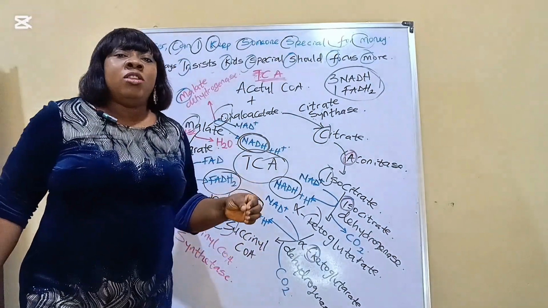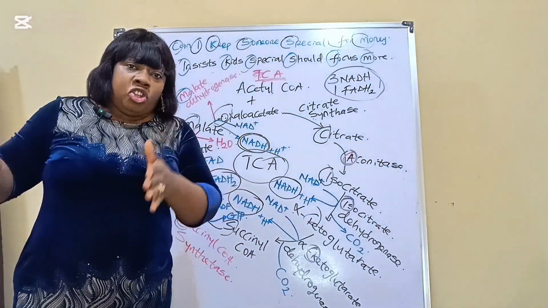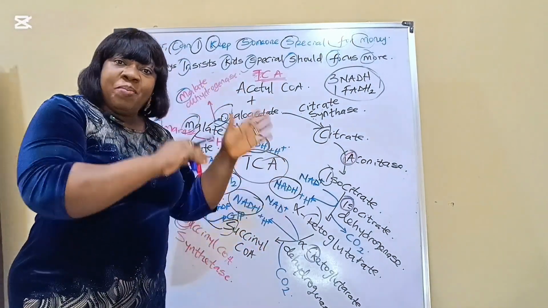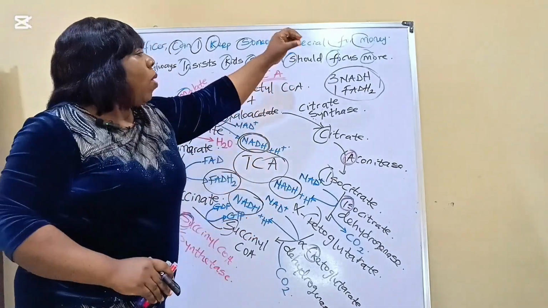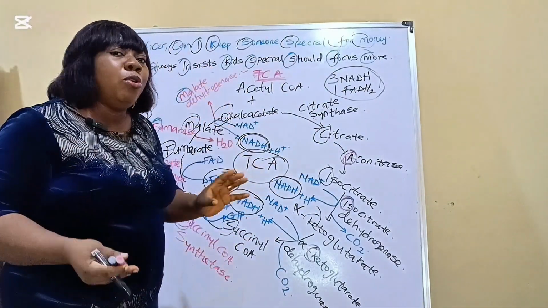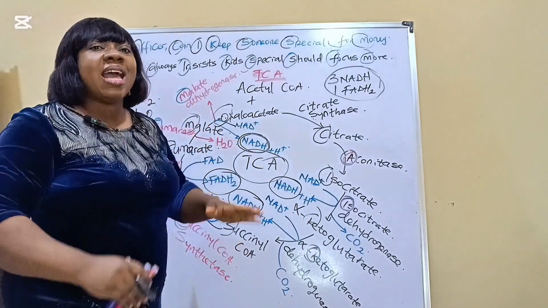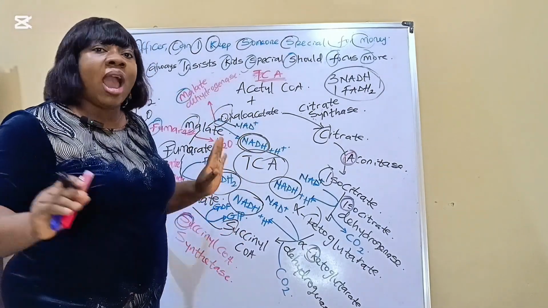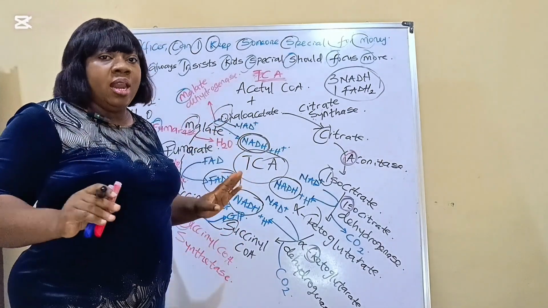They will now move into the electron transport chain. That is another metabolic pathway, where they will be used to produce ATP that the cells need to carry out every activity in them.